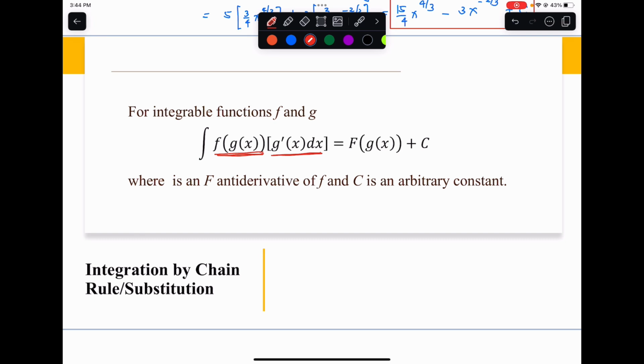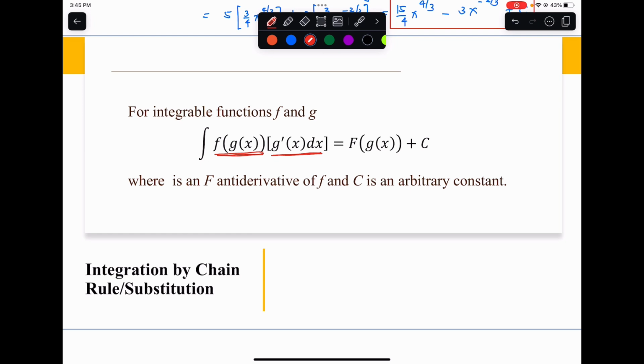So if in a given integrand there is a function involved, and once I derive it, I'm able to get the rest of the given integrand, then that can be integrated by chain rule.